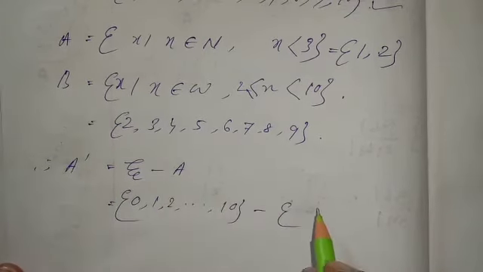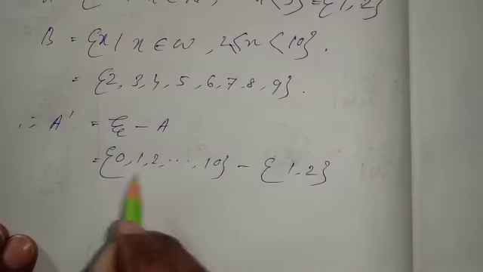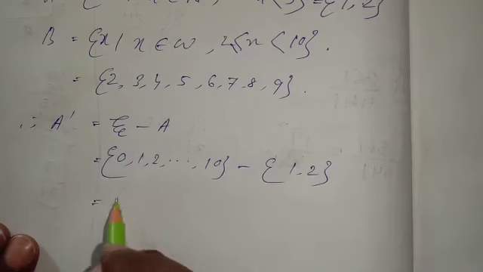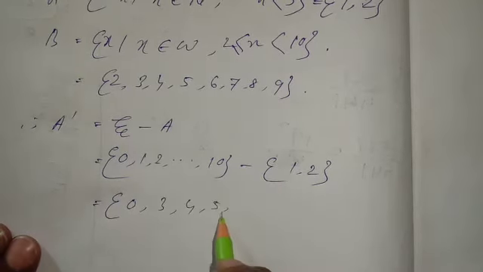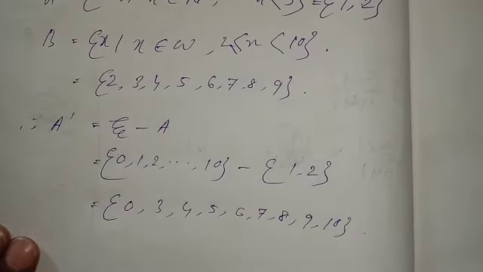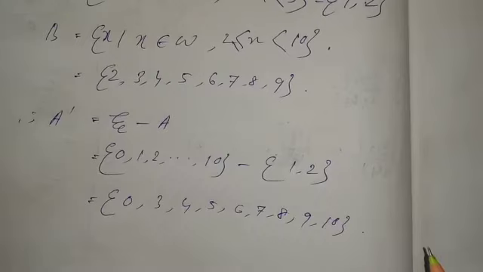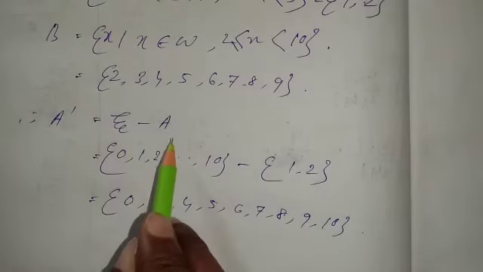What is A set? A set means 1, 2. Just omit 1, 2 from this universal set. Remaining numbers you have 0, 3, 4, 5, 6, 7, 8, 9 up to 10. This is called A complement. A complement means universal set minus A set.